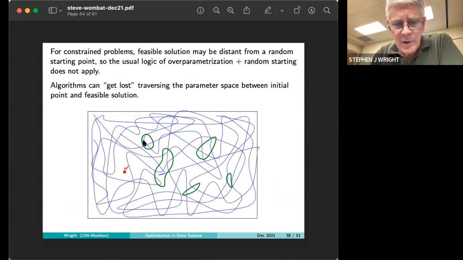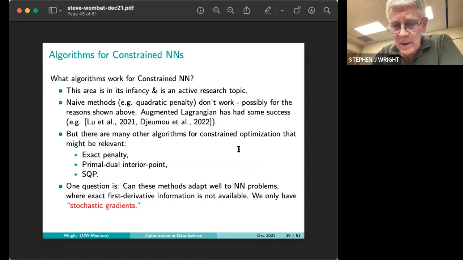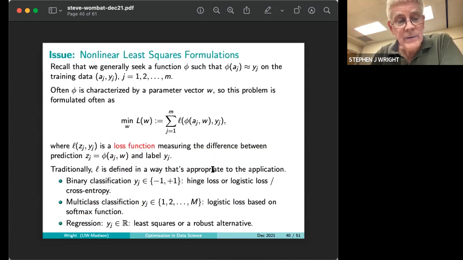So first runs a preprocessor that gets you into one of these feasible regions, and then tries to fit the data after that while staying feasible. So maybe that will work as well. And maybe you can apply a bunch of other constrained optimization methods here to this setting, and maybe some of them will work. So this is a very active area of current research.